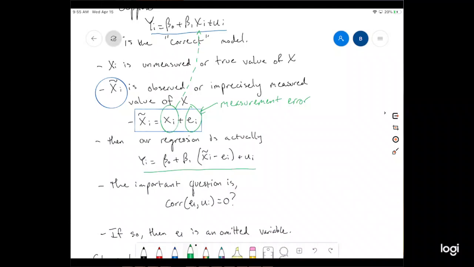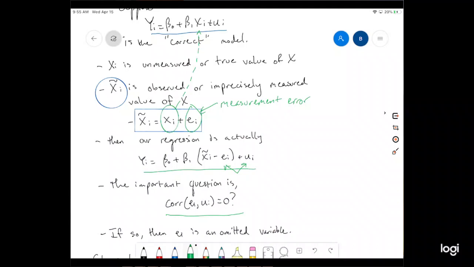Now the important question is: is there a correlation between the error term ui and the measurement error? If there is, then ei, the measurement error, is an omitted variable that's going to cause bias in our coefficient estimate for beta 1. So ei is just an omitted variable, and we've reduced this to an omitted variable bias problem.